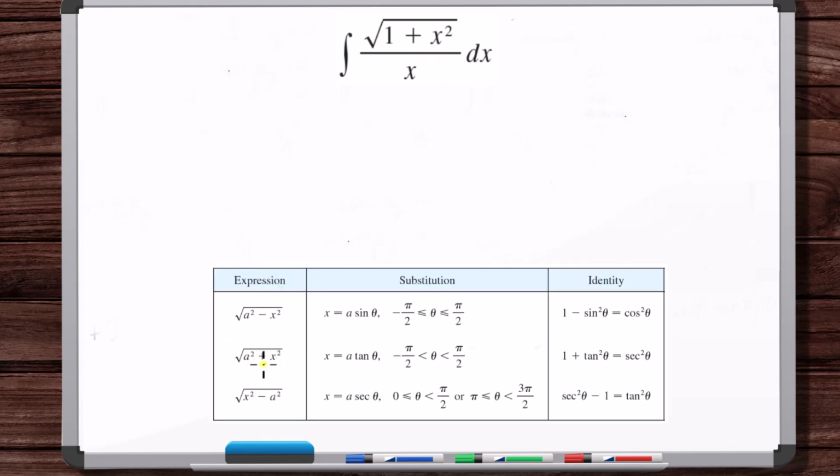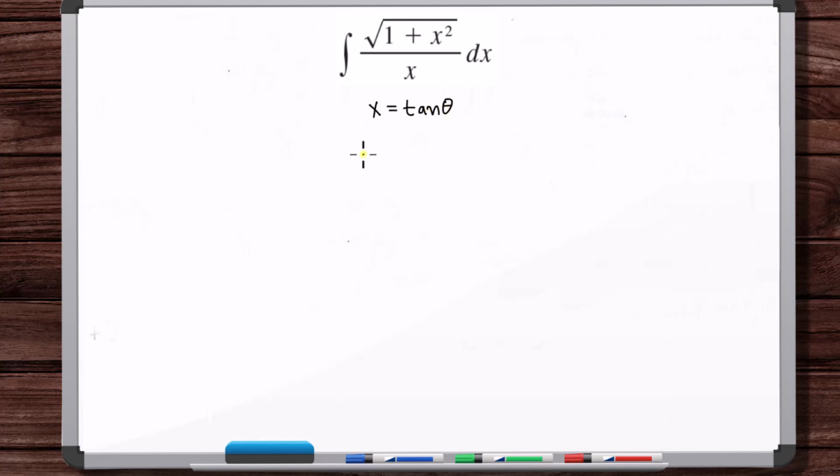Therefore, we can simplify this with a trig substitution of x is equal to 1 tangent theta. So x is equal to tangent theta. Therefore, dx is equal to secant squared theta d theta.